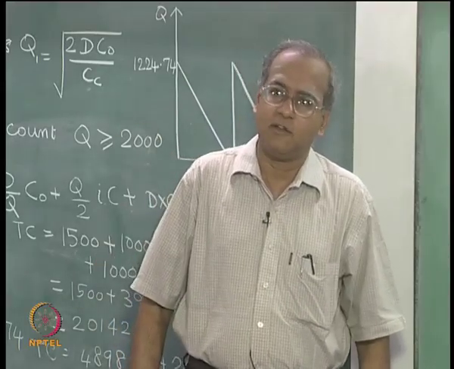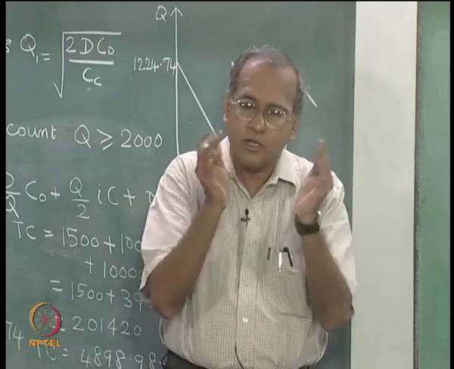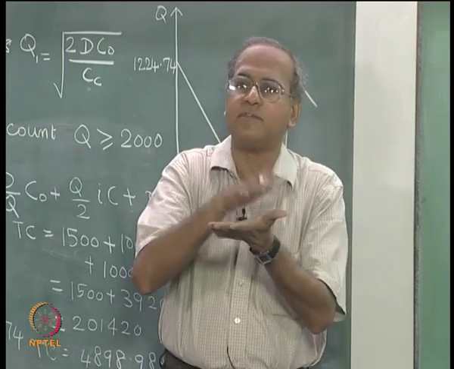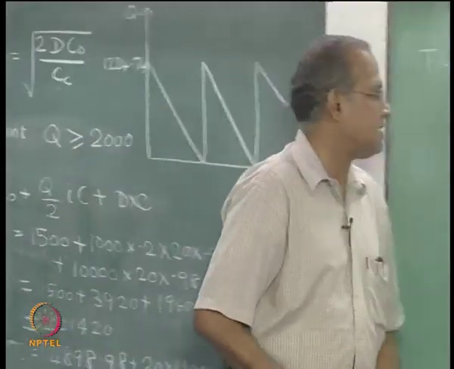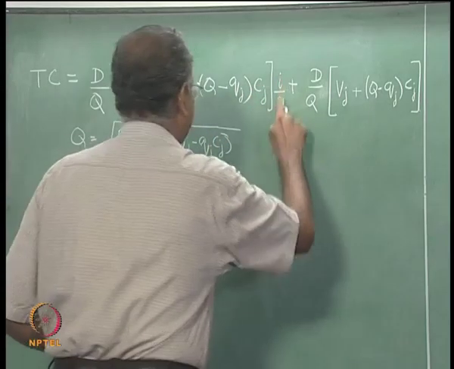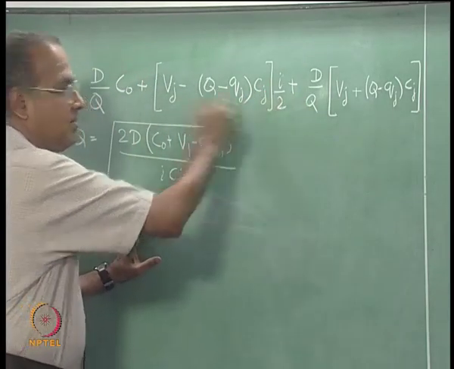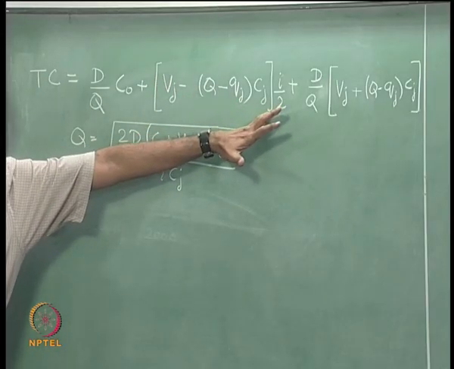where C is the unit price of the item, Q is the order quantity, and QC is the money value of the order quantity. So, let us look at the carrying cost as the money value of the order quantity by 2, which is the average, into I. So, I by 2 is separated. Now, this is the money value of the quantity ordered.